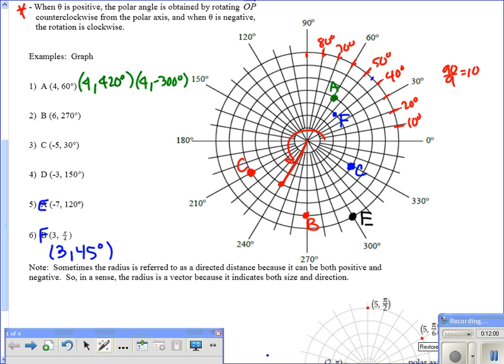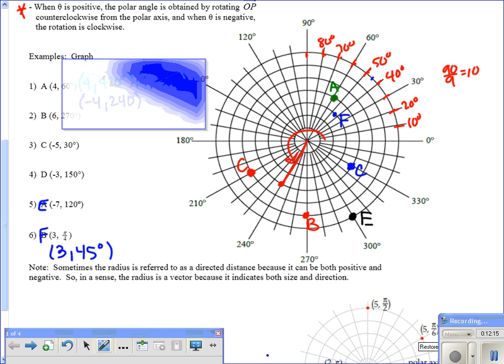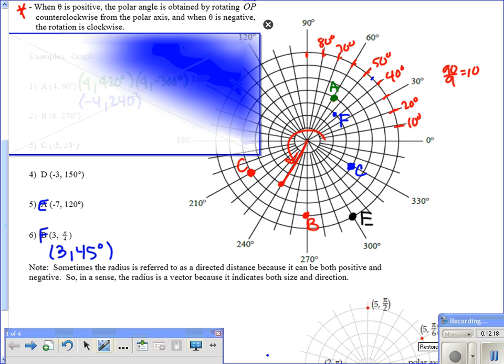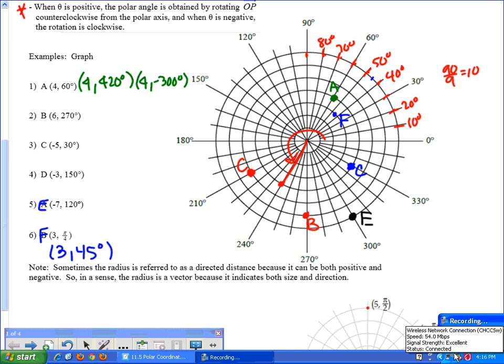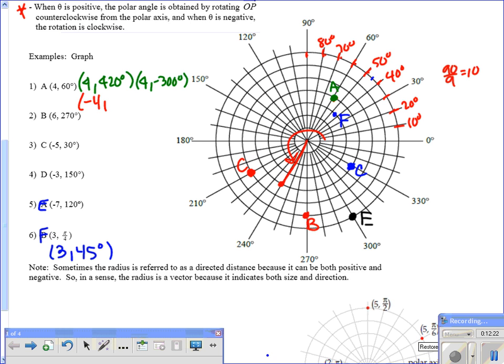So from here to here would be 240 degrees. So if I did (negative 4, 240 degrees), don't forget my degree symbol, that would be all the way around to here, but then negative means I'm going the opposite direction, so I'd be back at A.